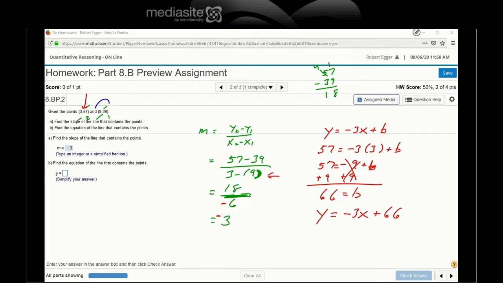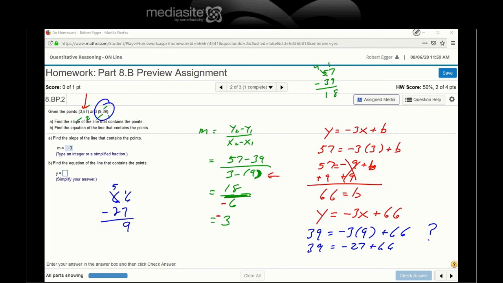Last check. Let's plug the other point in. So y is 39 and x is 9. Is that a true statement? 39 equals minus 27 plus 66. 66 minus 27: 16 minus 7 is 9, 5 minus 2 is 3. 39 equals 39.